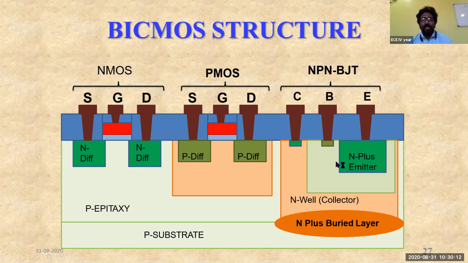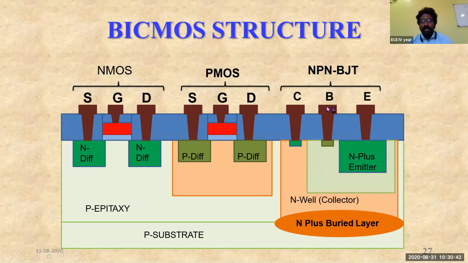And for the NPN BJT here, the 3 terminals are collector, base, and emitter. The emitter has been designed in the well like an NPN, with N plus impurities used in order to make the emitter terminal. And in this N well collector, both the base and emitter have been created.